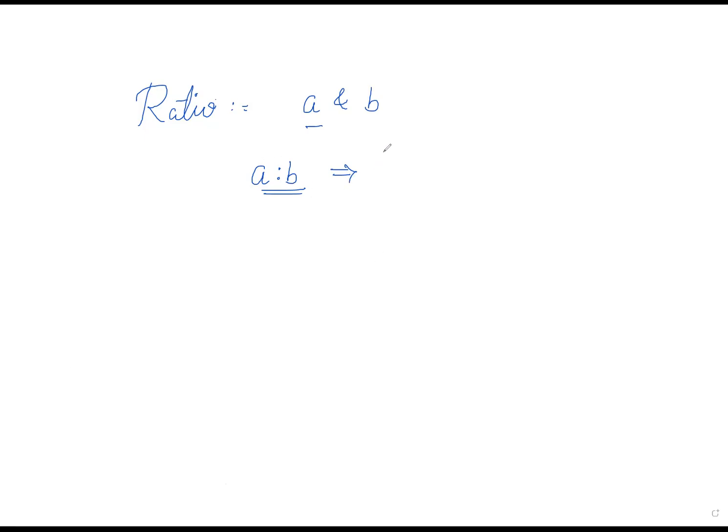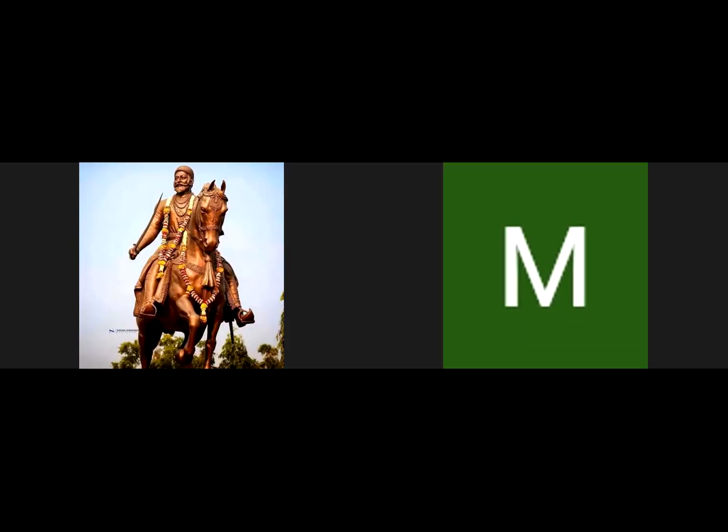A is to B, it can be put as A divided by B. Okay, so let us see with one example.